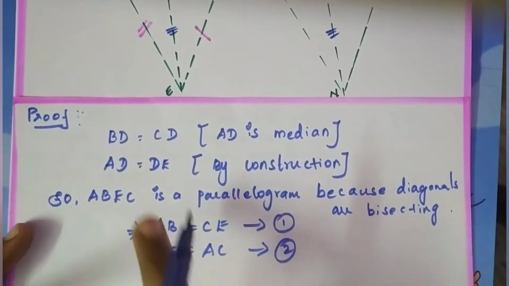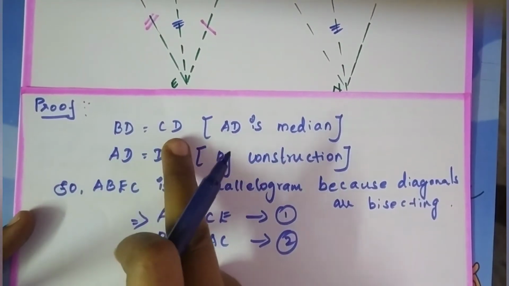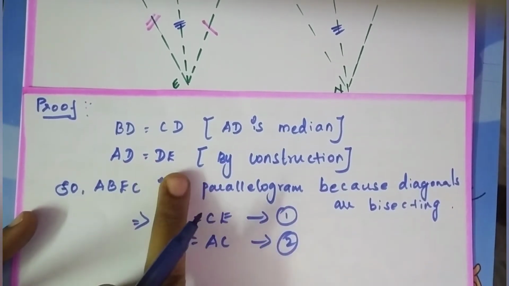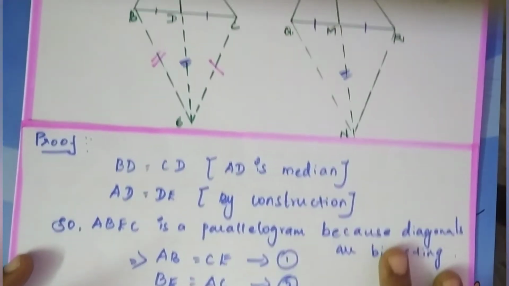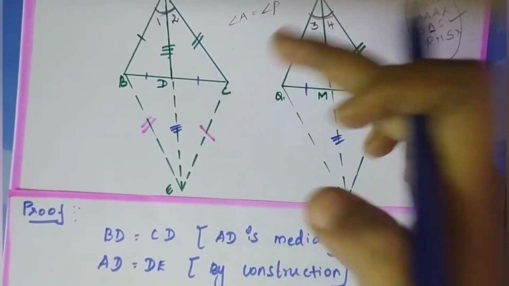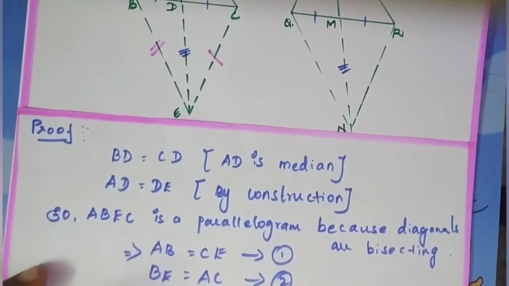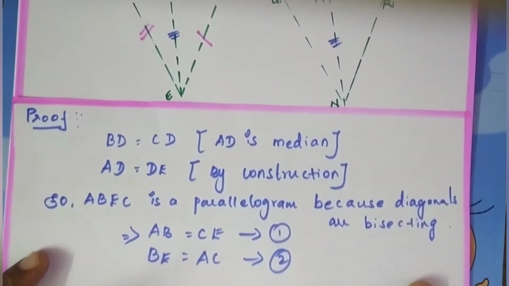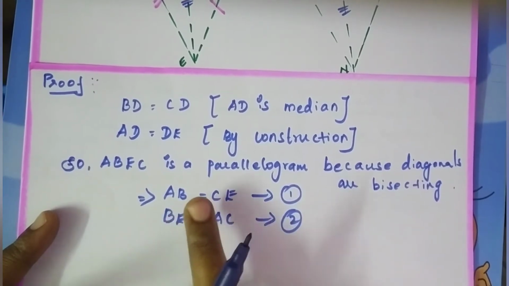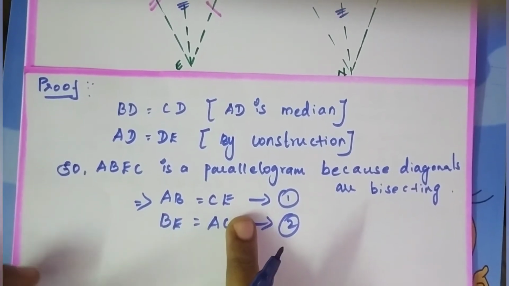Clear? First, I have taken BD is equal to CD, AD is a median, and then AD is equal to DE by construction. Since the diagonals bisect each other, I can tell that ABEC is a parallelogram. Since ABEC is a parallelogram, the opposite sides are equal.